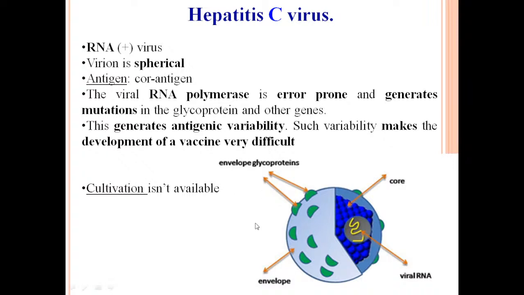Today there is no vaccine to prevent hepatitis C due to the high mutation rate of RNA polymerase that arises in different antigenic variations.